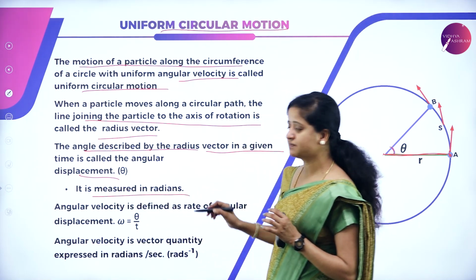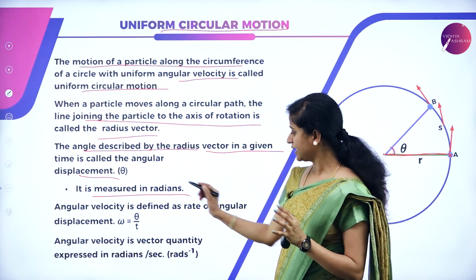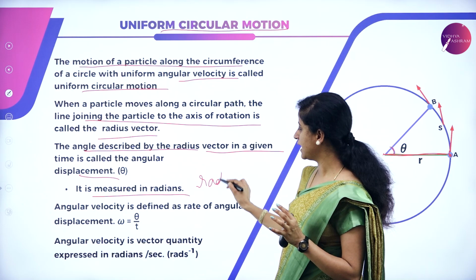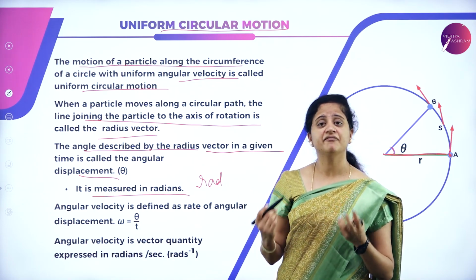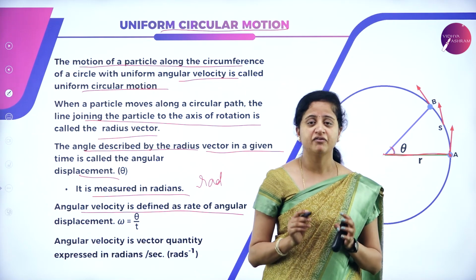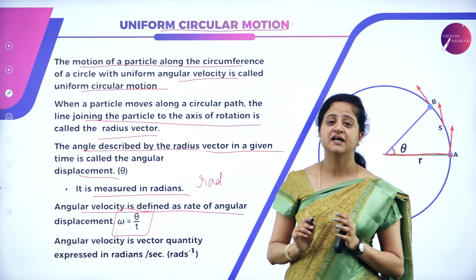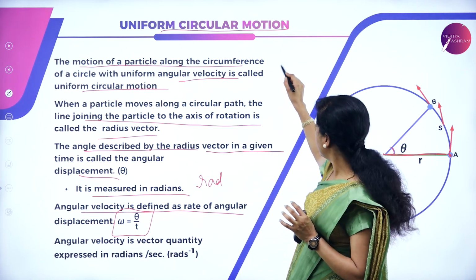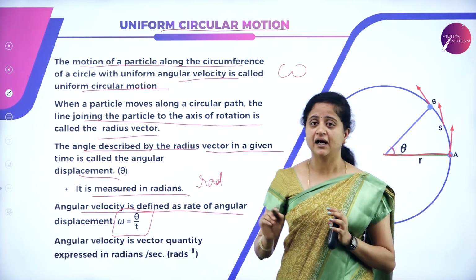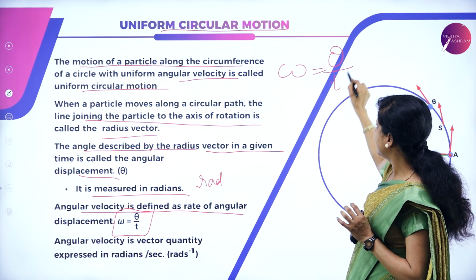So angular displacement is measured in terms of radians. In short form we can write it as rad. So what is angular velocity now? Angular velocity is defined as the rate of angular displacement, that is, omega is equal to theta divided by t. Angular velocity is denoted by the symbol omega, which is nothing but theta divided by t.